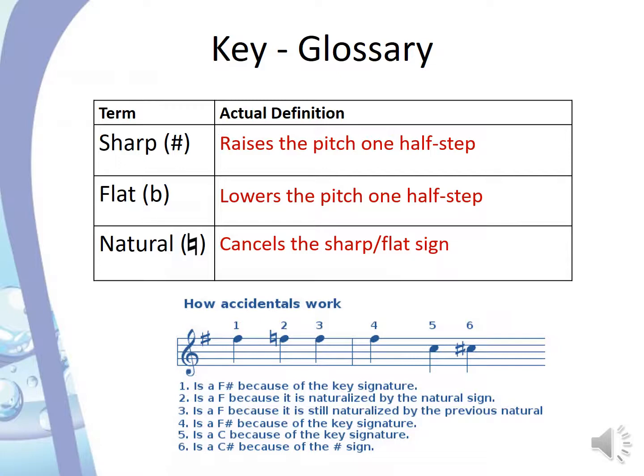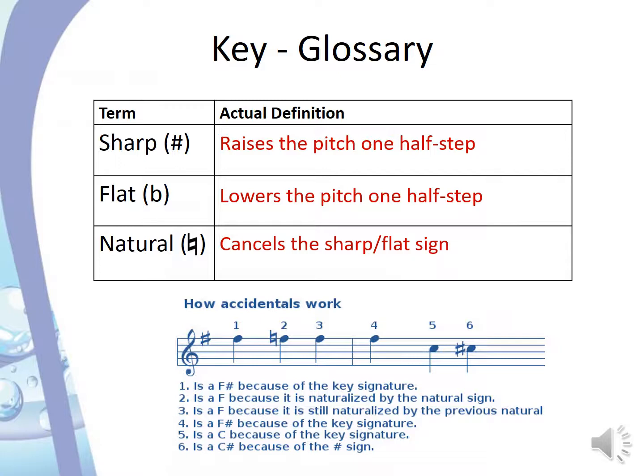Here at the bottom of the screen, we see an explanation on how this idea of accidentals works with regards to music. For note number 1, notice that it is an F sharp because of the key signature.